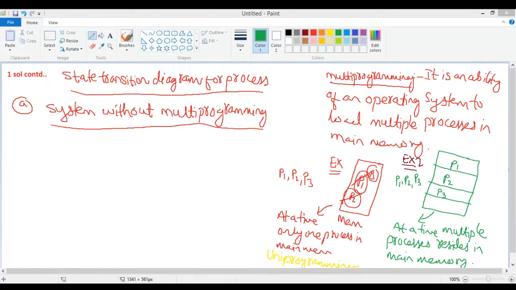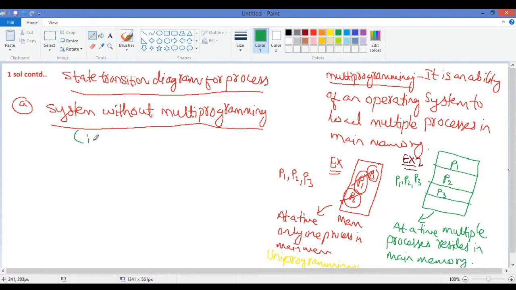So now, after understanding this, let's go to our system without multiprogramming. Case A means only one process will be there in main memory. Uniprogramming or no multiprogramming, both are the same. Without multiprogramming means it is uniprogramming.